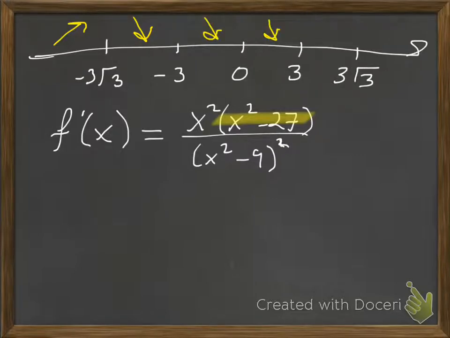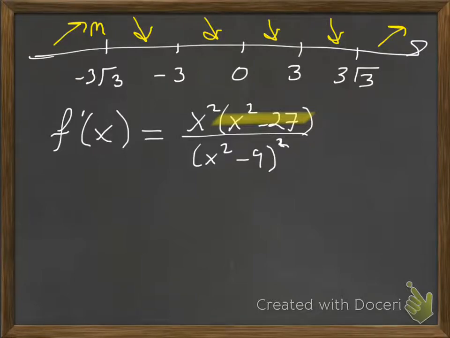And then from 0 to 3, plug in 1, same thing. Between 3 and 3 root 3, we'll try something like 4. Again, we'll get 16 minus 27, which is negative, so that's decreasing. And then finally, pick something larger than 3 root 3, like 6. 6 squared minus 27, that's positive.